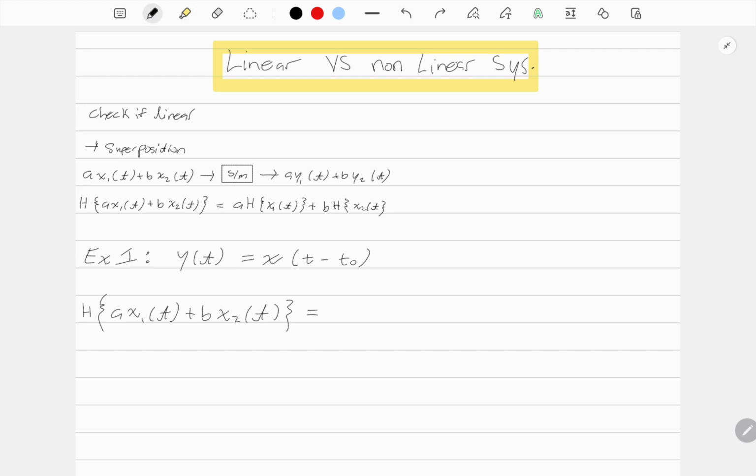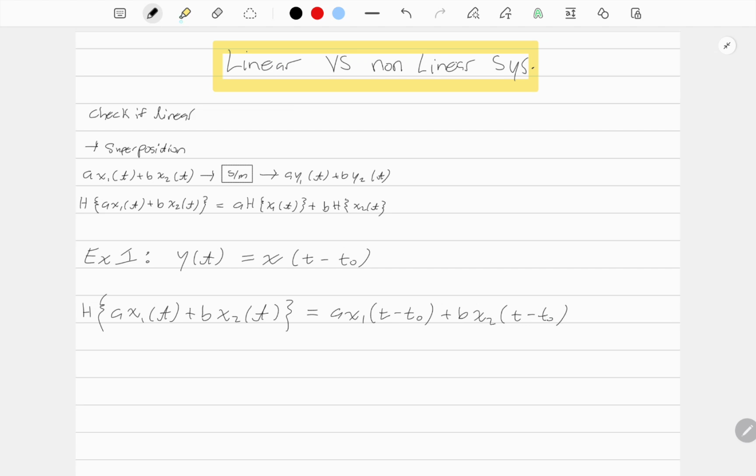So we have a x1, and we'll get t minus t naught. We're substituting t for t minus t naught, plus b x2 of t minus t naught, just replacing it.